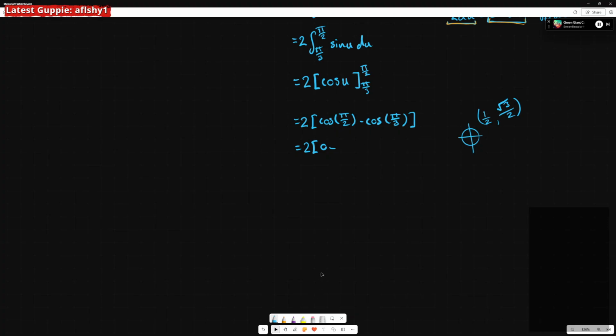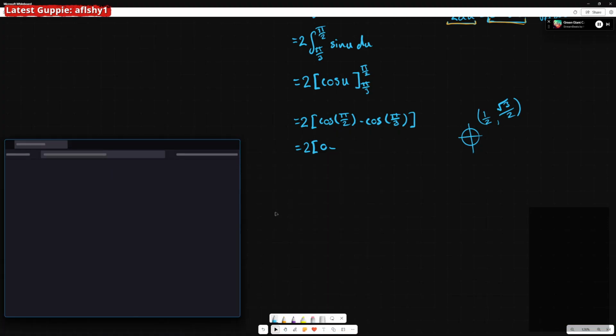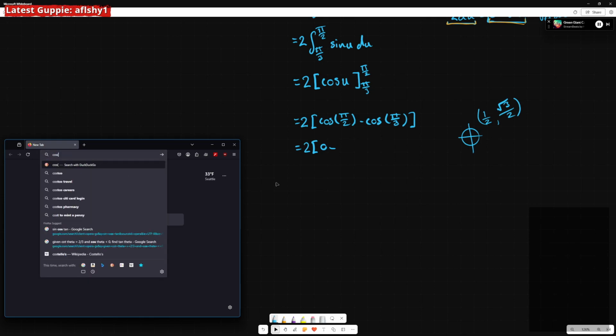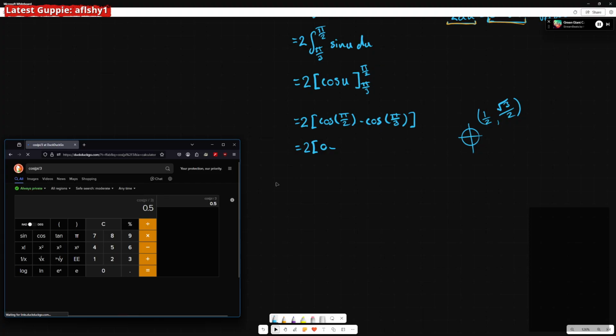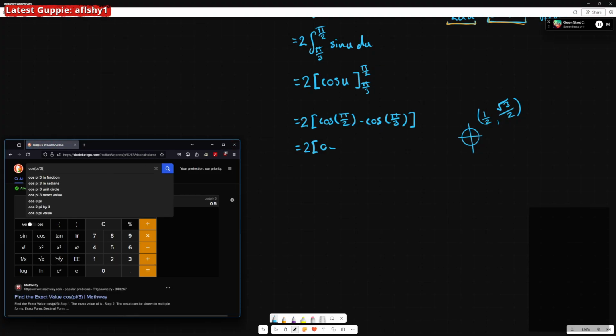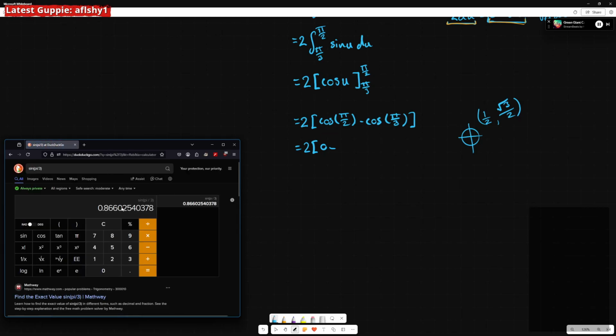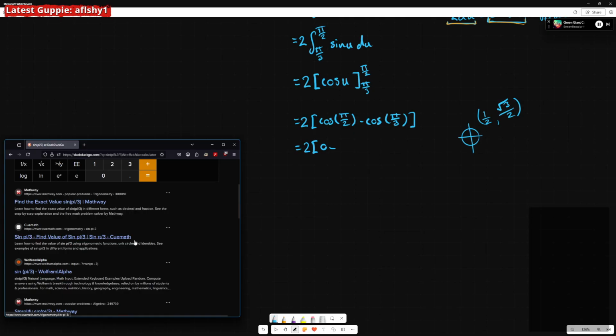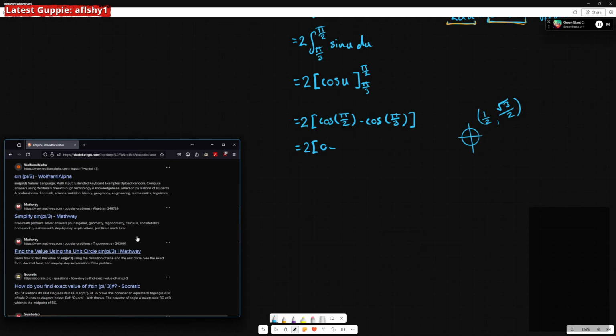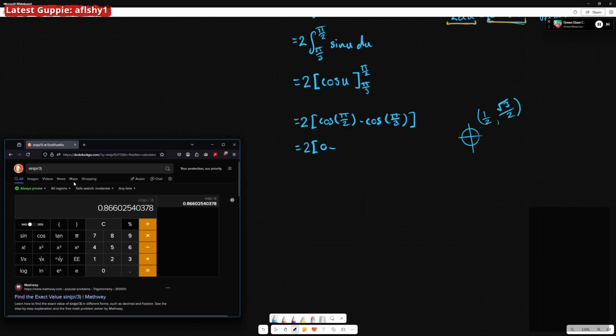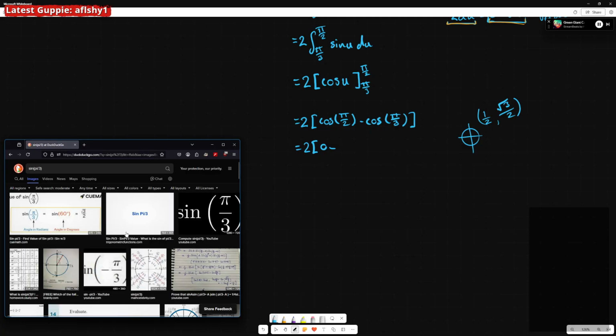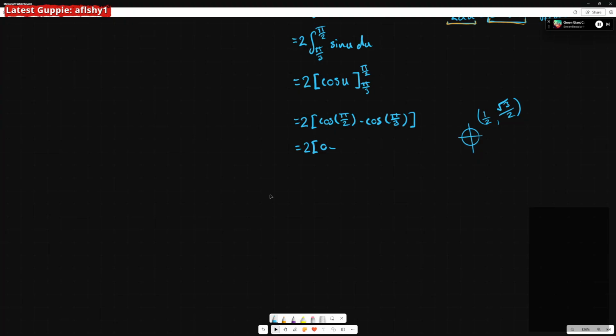Let me double check this. I'm pretty certain that's what it is. Cosine of pi over 3. Yes, 1/2. Then if I say sine of pi over 3, yes, square root of 3 over 2. Cool.